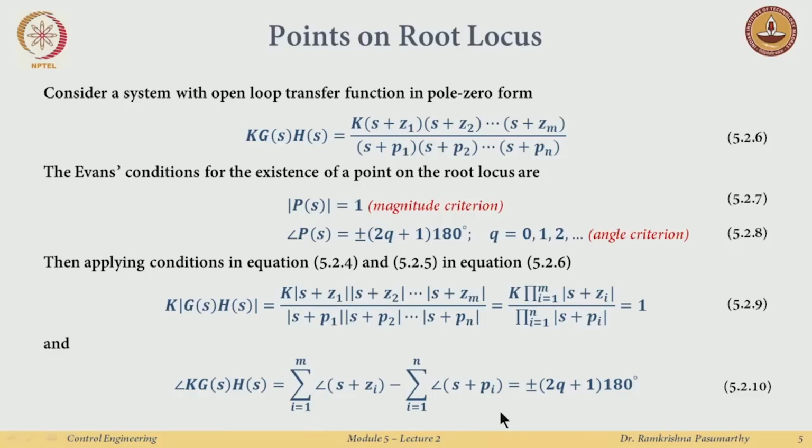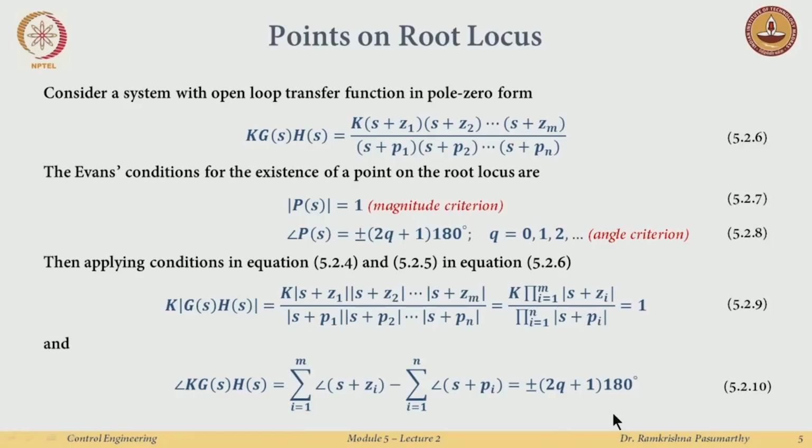What should this satisfy to be on the root locus? It should satisfy the angle criterion. The summation of all angles of zeros minus the summation of all angles of poles should be plus minus 2q plus 1 times 180 degrees, or odd multiples of 180 degrees. These are the two conditions which we will verify.